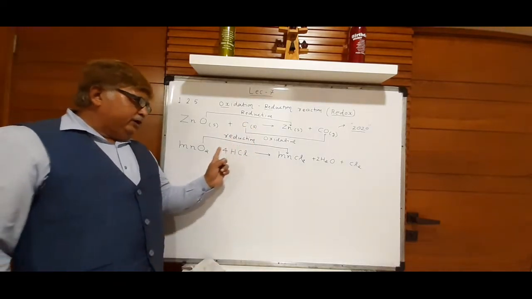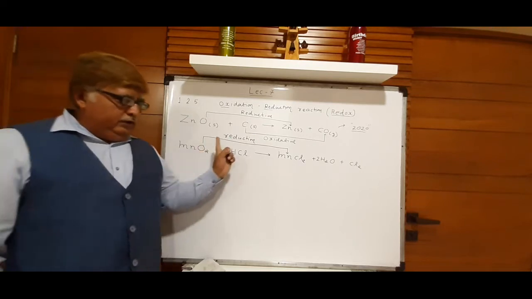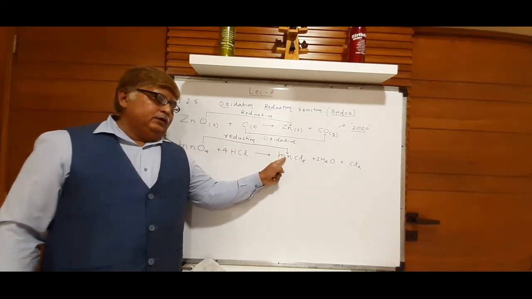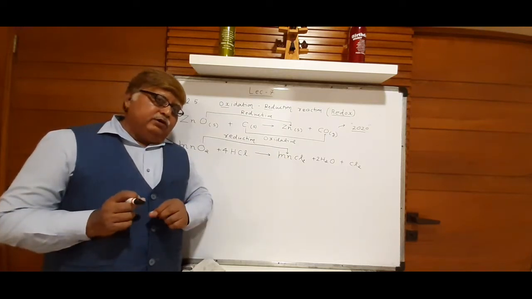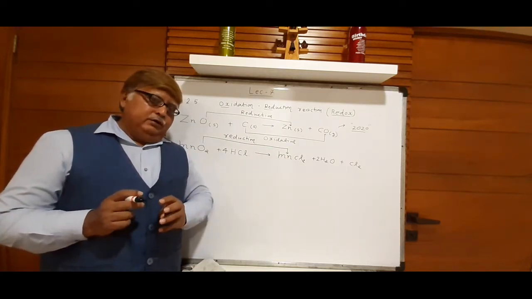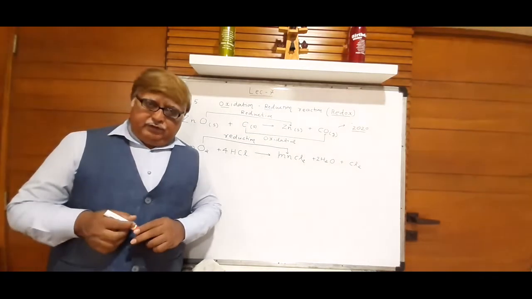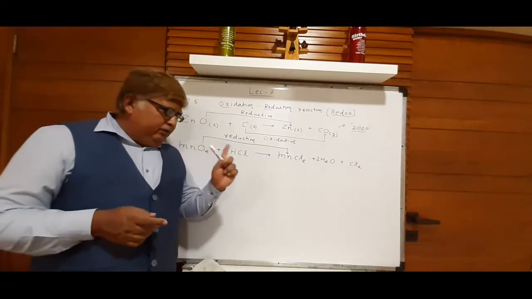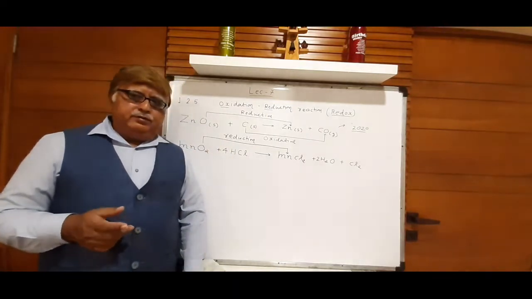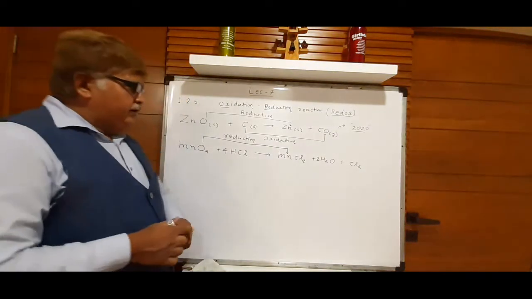So in this chemical reaction, manganese oxide is reduced to manganese chloride by removal of oxygen. So I can call it reduction reaction. In the same chemical reaction, is oxidation also taking place?